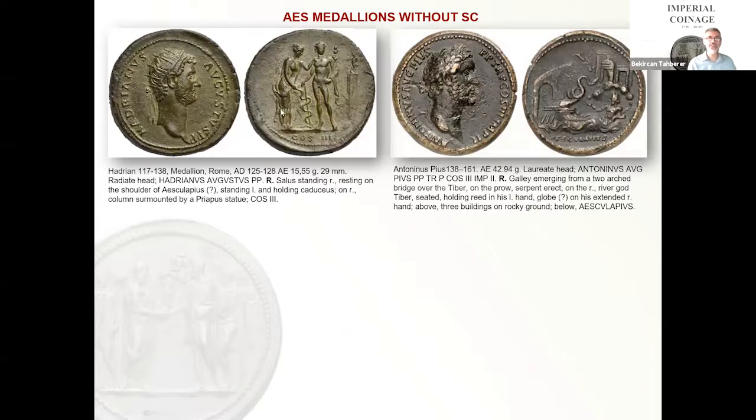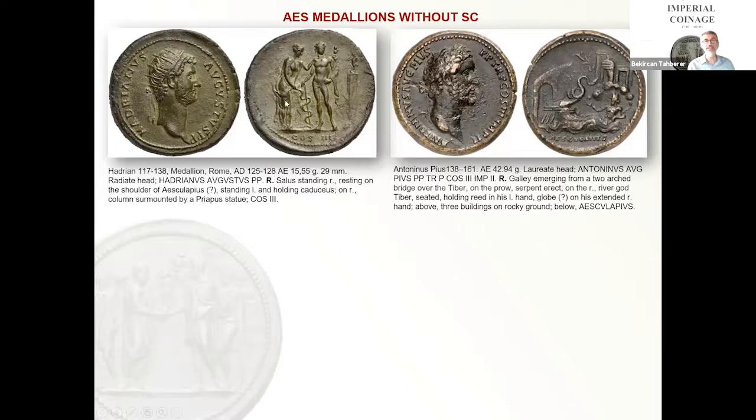On this one, Salus standing, resting on the shoulder of Asclepius. It is called Asclepius here, but I don't think it's Asclepius, even though it is holding a serpent staff. I believe it is the emperor himself, guised in the fashion of Asclepius.